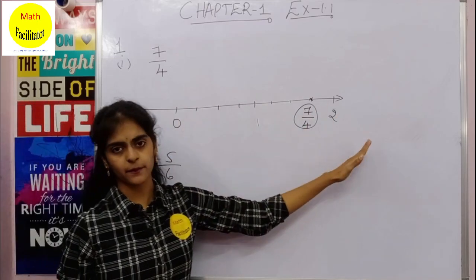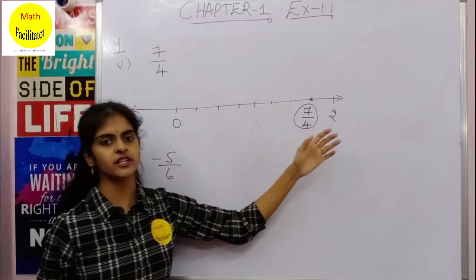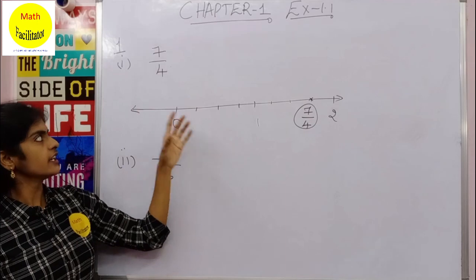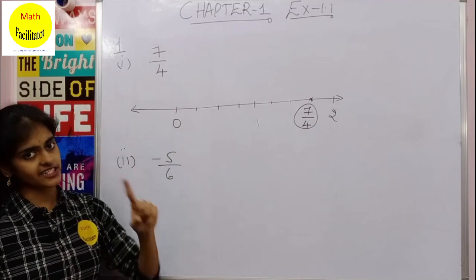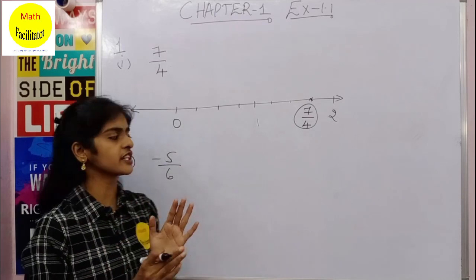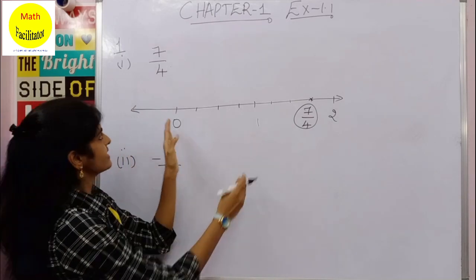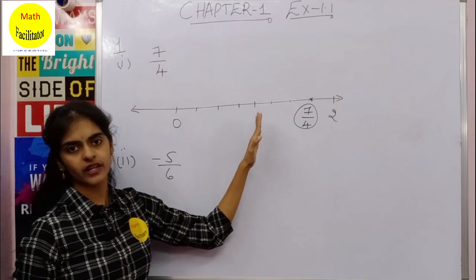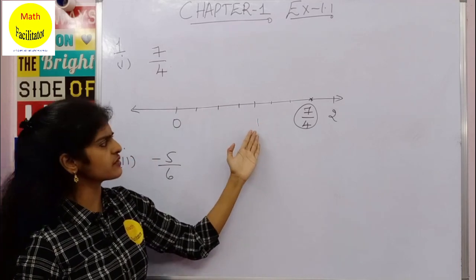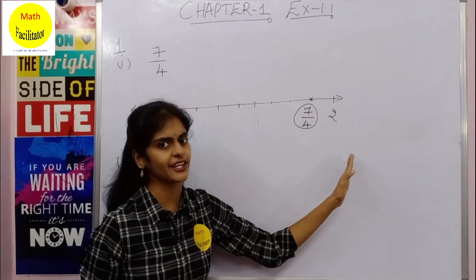Firstly, you will draw a number line and mark the numbers on it. Then you will consider the denominator. The denominator tells you in how many parts you have to divide this unit distance. Since denominator is 4, you are dividing this distance into 4 equal parts. Likewise, between 1 and 2 also you are dividing into 4 equal parts.